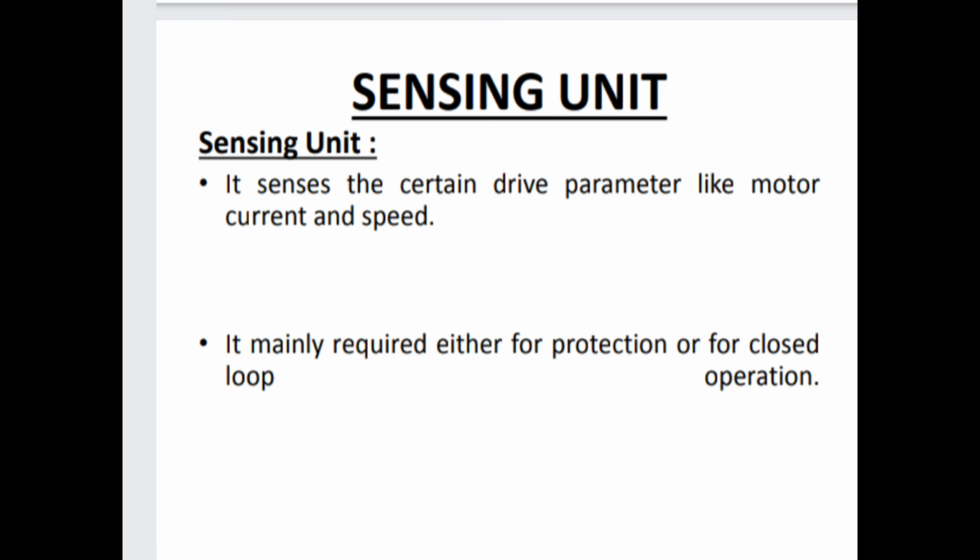It is mainly required either for protection or for closed loop operation. Power modulator, control unit and sensing unit are very, very important.